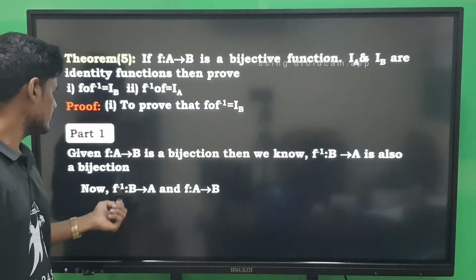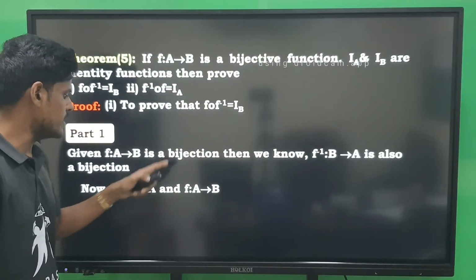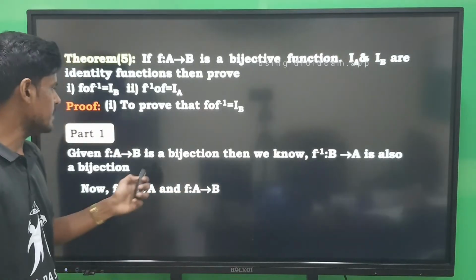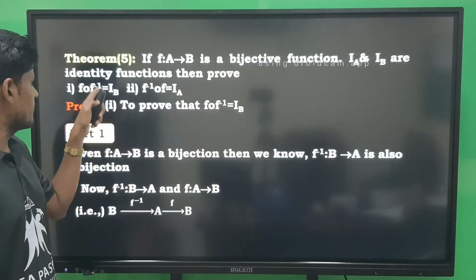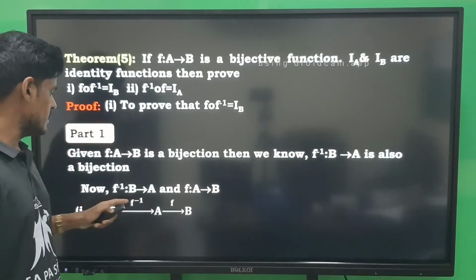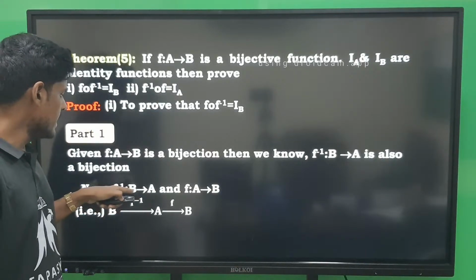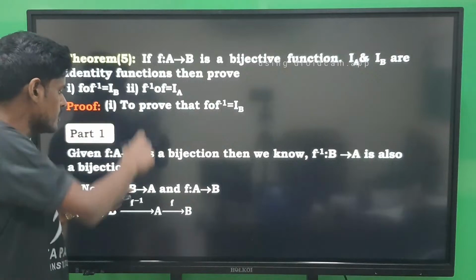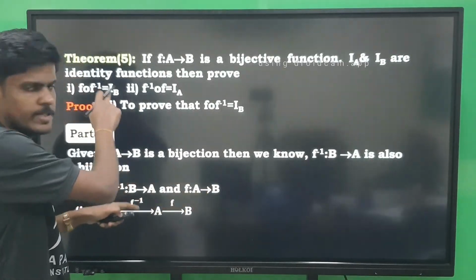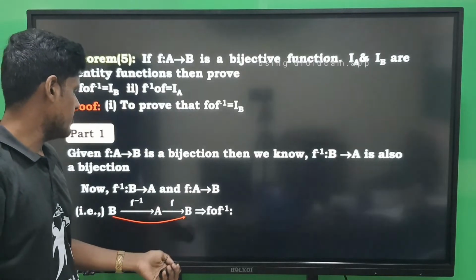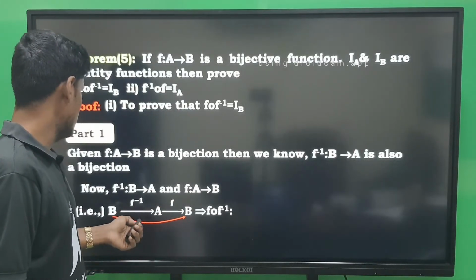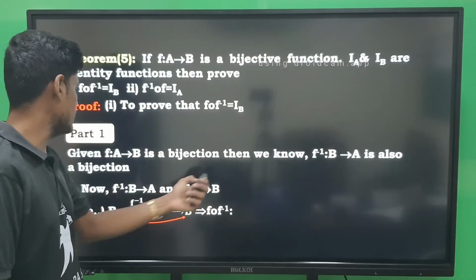Okay. Now f inverse is a function from B to A and f is a function from A to B. So what we need to do? f of f inverse, that is input of f inverse. Input of f inverse is B and output of f is B. So f of f inverse is a function from B to B. f is a function from A to B, no?